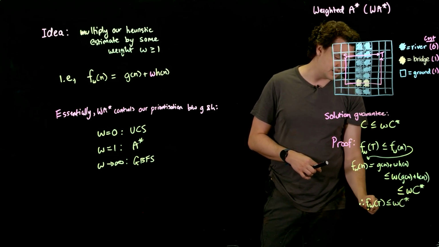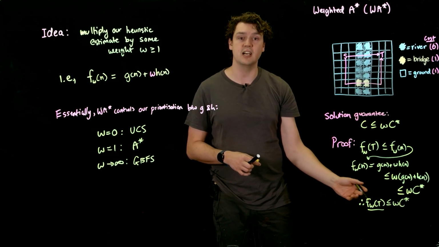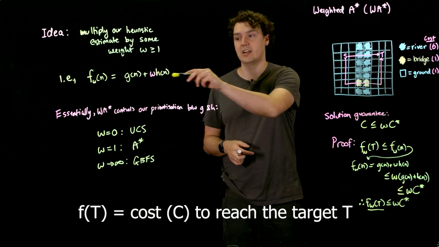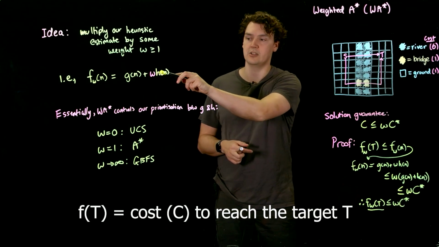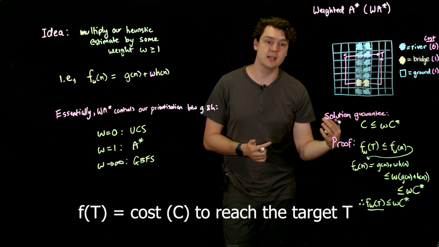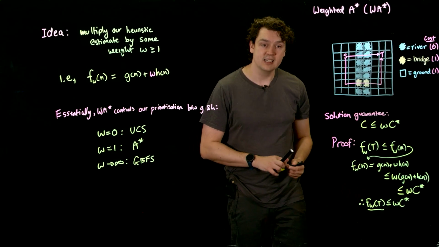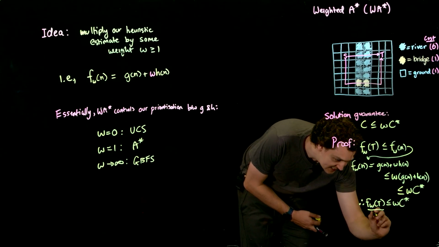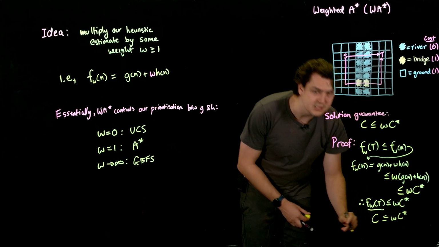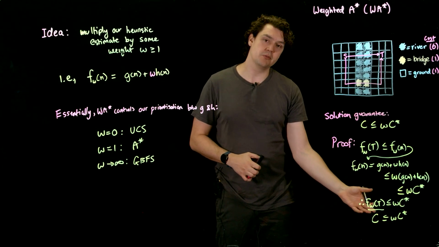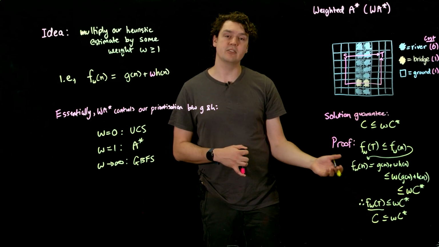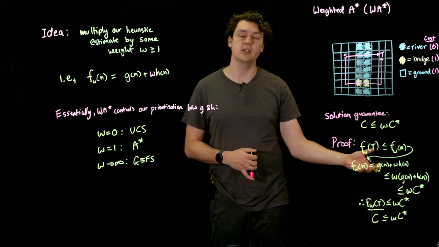When you get to the end of the solution, the f cost of the target is essentially g of n. When you're at the target, the heuristic value is 0, so you're just left with the cost it took to reach this node, g. So we're saying that C is less than or equal to w times C*. The proof is pretty straightforward, but it gives us really nice tight guarantees on the solutions we can derive.